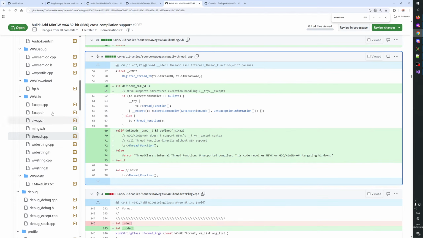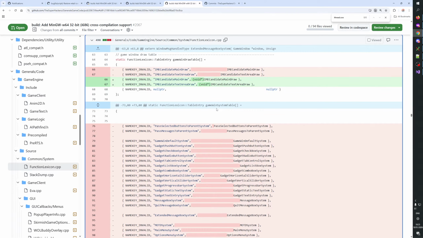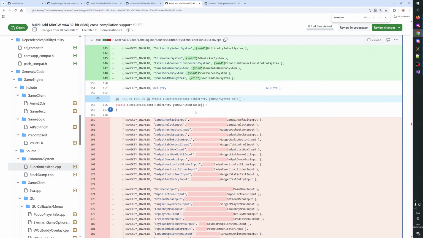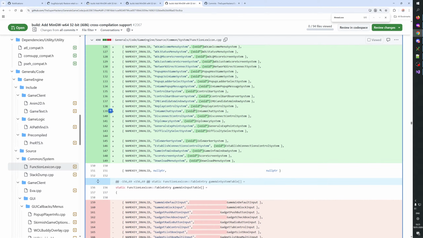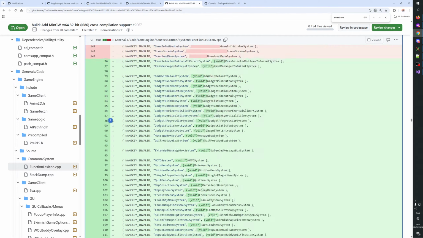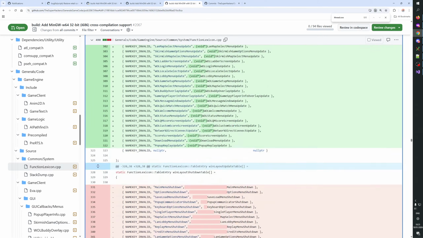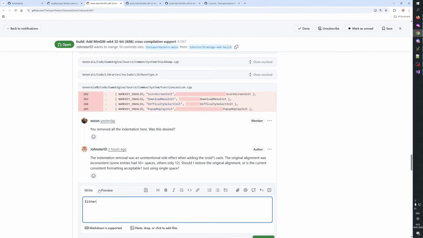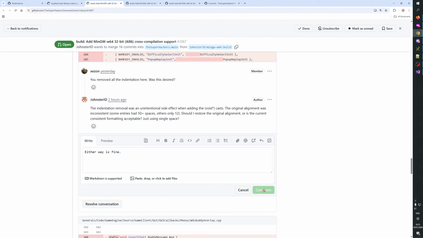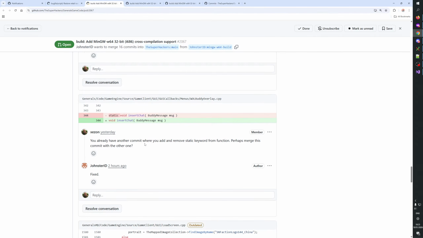Function lexicon. Either way is fine. You already have another commit where you add fixed, okay.